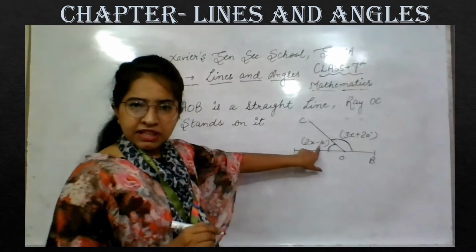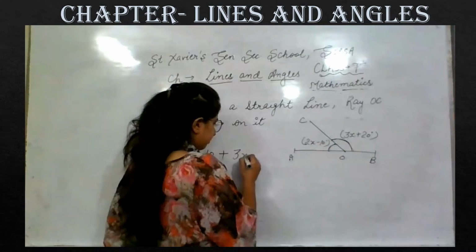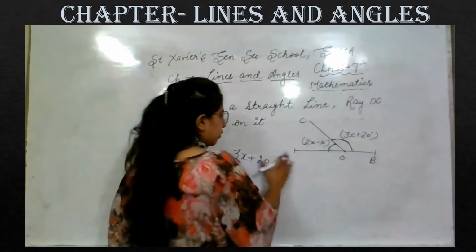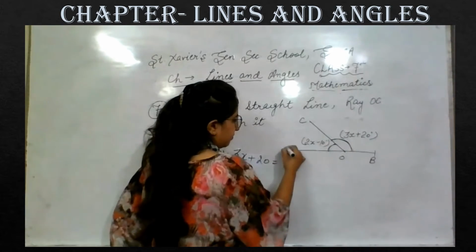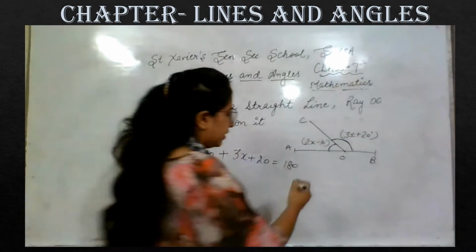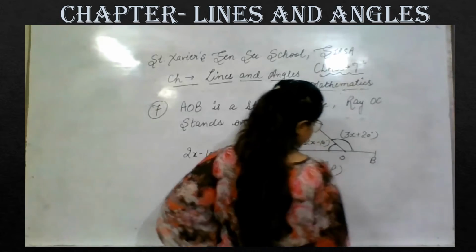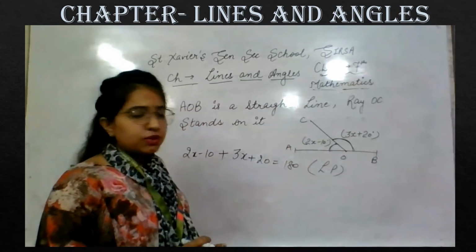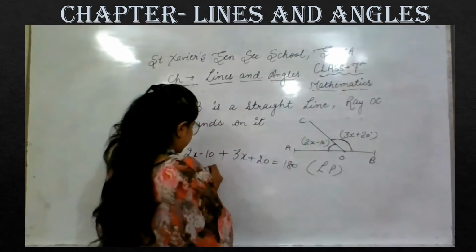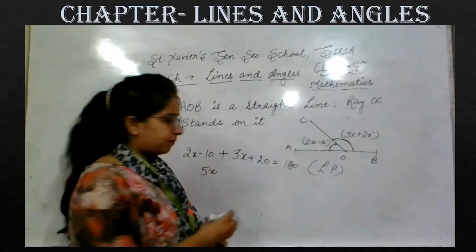This angle is 2x minus 10, and the other is 3x plus 20. In brackets you have to write linear pair, LP. So students, just see 2x plus 3x, you can add x, 5x. Minus 10 plus 20, it will be plus 10.